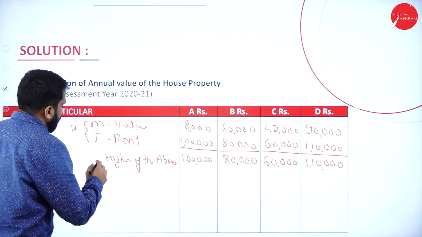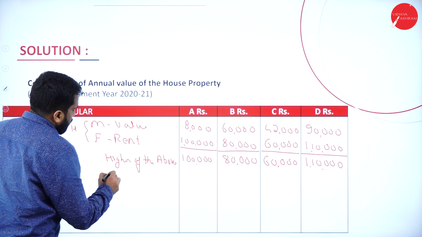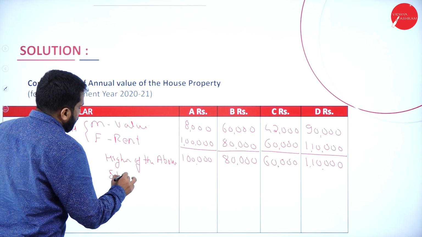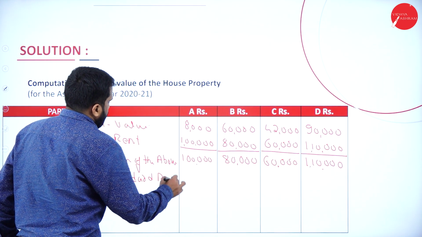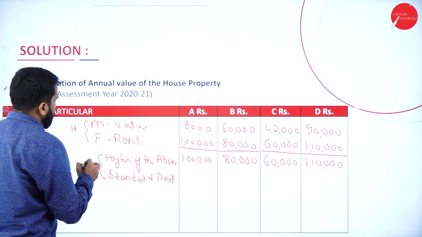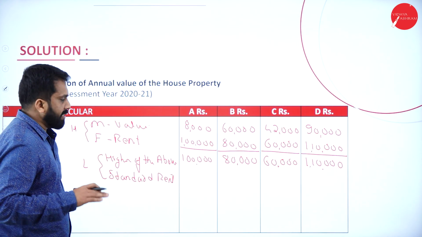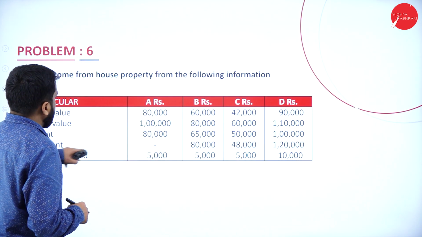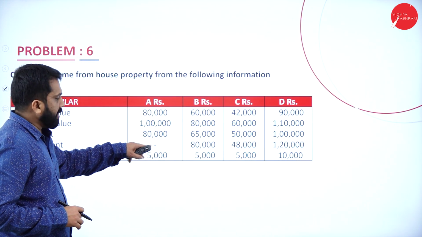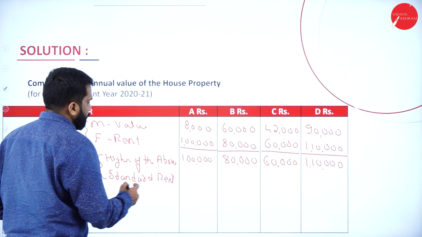Now, later we have to take your standard rent. Standard rent. This will be whichever is less. Your standard rent I'll write down. The first one is 0, then 80,000.